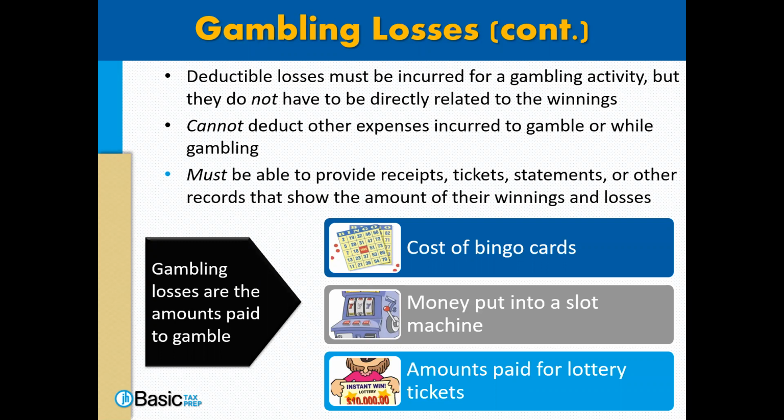But things like your scratch and win cards also count. If you keep track of your cards, you actually have to keep the scratch and win cards. If they're a loss, you can hold on to them, and the cost of the card is considered a loss.